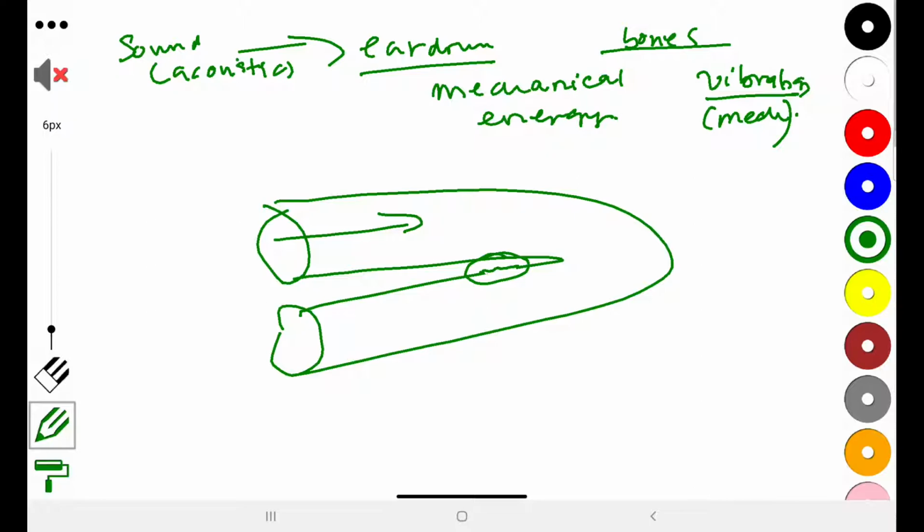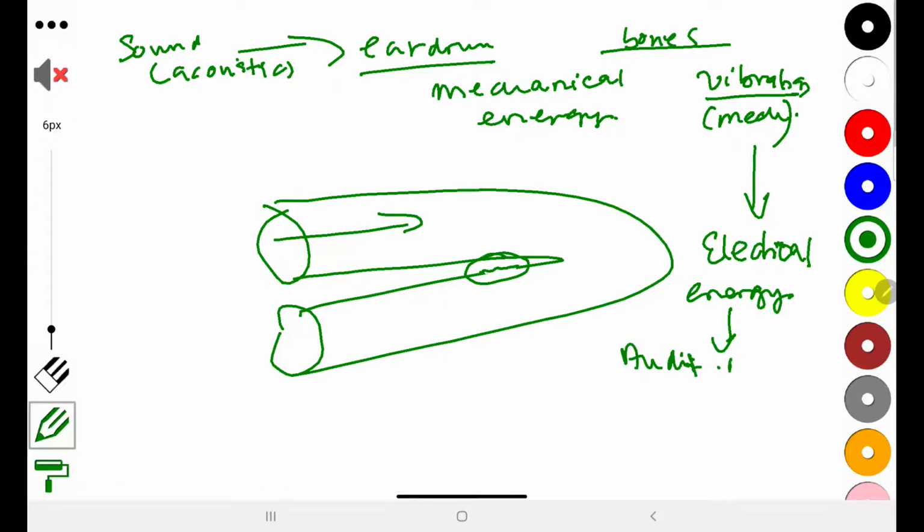When they move, they will initiate electrical energy. The electrical energy will then be transferred through the auditory nerve to the brain, where there is now interpretation of what you have heard.